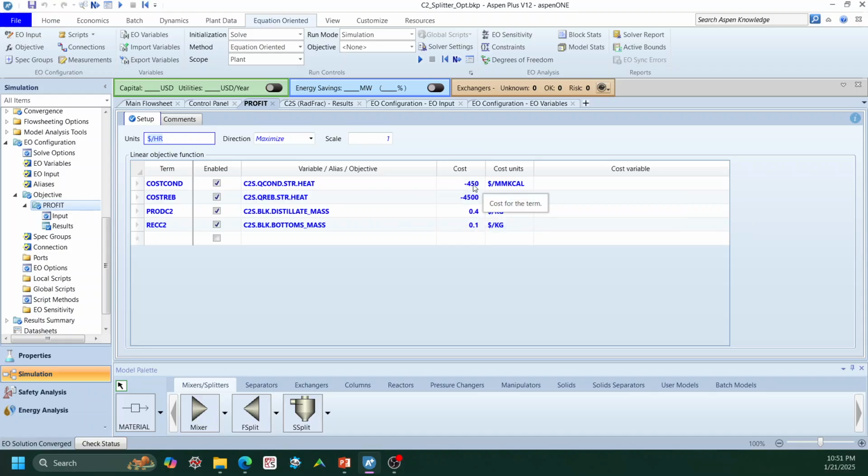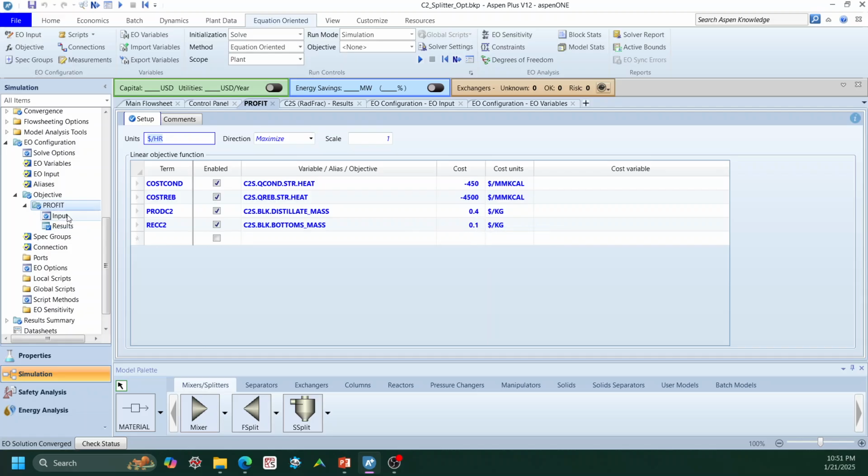The condenser is this much, and the reboiler is 10 times higher, and then the distillate mass is this number, right? So this is how much we can get by selling the distillate, and this is how much we can get for the bottom, which is the ethylene, and this is the ethane.